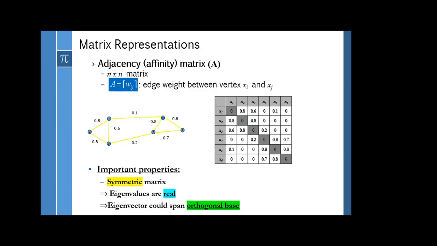So in principle, if I calculate these eigenvectors, I can use some of them as a coordinate frame for mapping all my elements in some geometric space. It's called algebraic embedding.